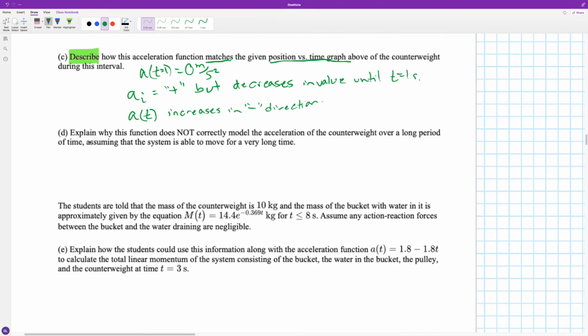And then the follow-up: explain why this function does not correctly model the acceleration for a long period of time, assuming the system is able to move for a long time.